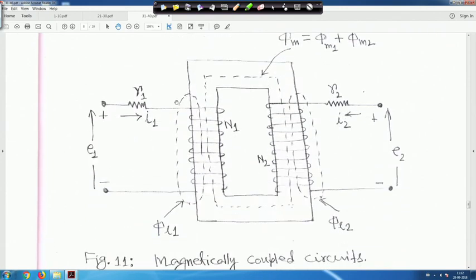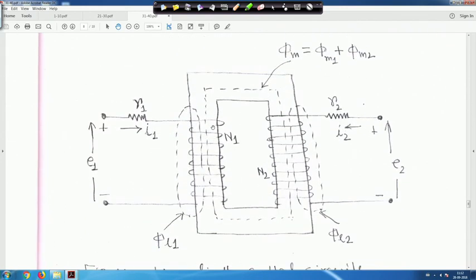Before giving the nomenclature, here you have two coils, which we call a coupled circuit. The number of turns of this coil is N1, and the number of turns of this coil is N2.